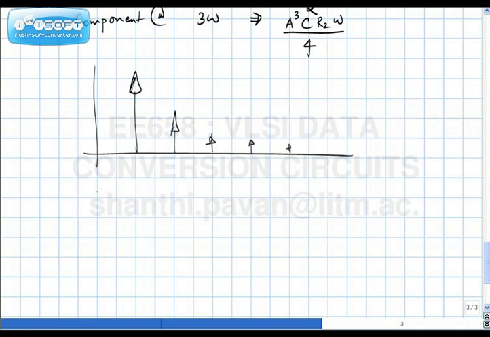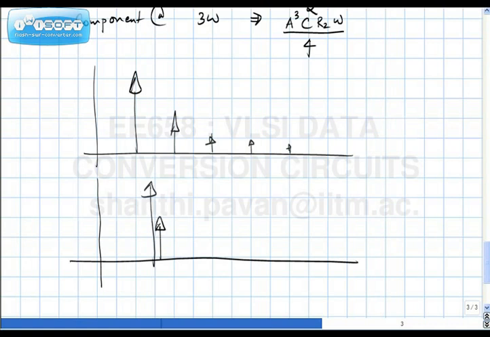Whereas when you sample this waveform, it is not at all inconceivable that this is the fundamental, this could be the second harmonic, this could be the third harmonic, and so on. You can't expect all these tones to fall off.